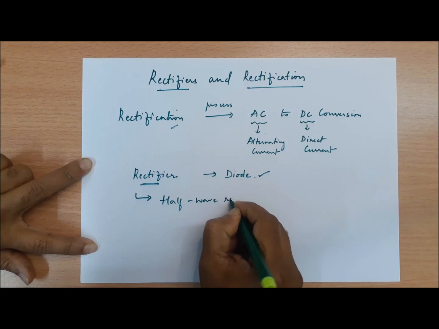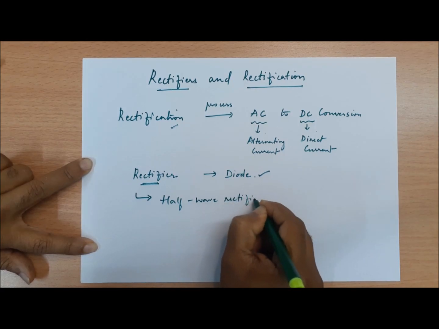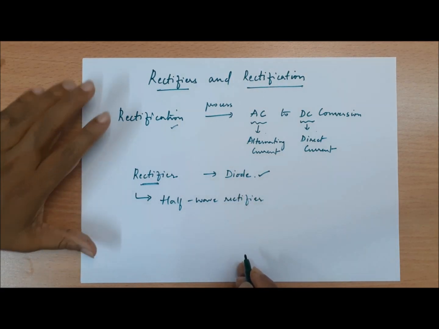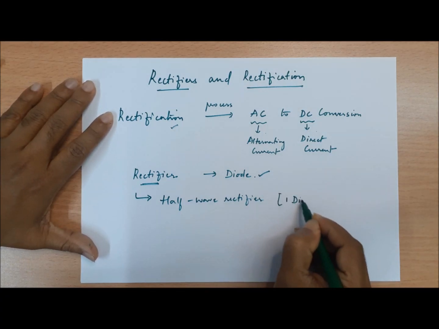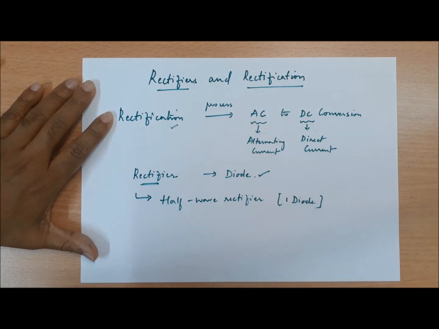So a half wave rectifier circuit uses only one diode, and it performs rectification for only half of the input cycle. In the other half, rectification will not happen.